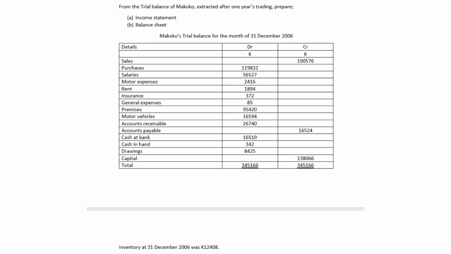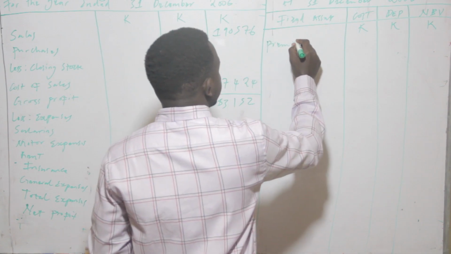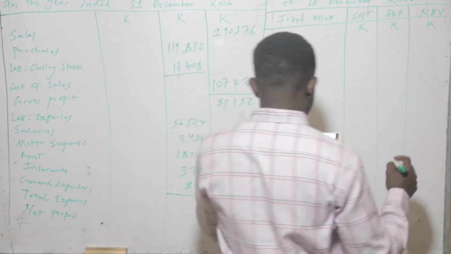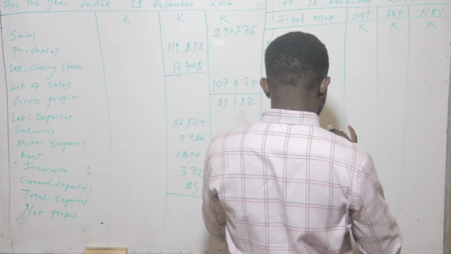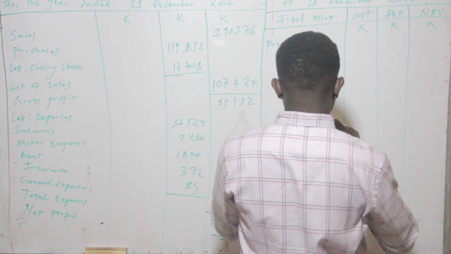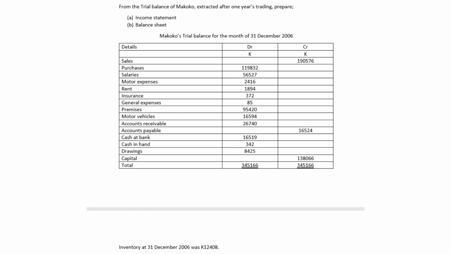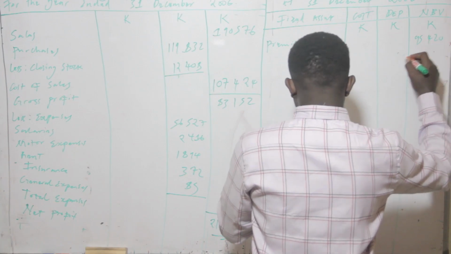So to identify our fixed assets in the question, let us identify the fixed assets. So what are we having? The fixed assets that we are having are premises and motor vehicles. So we're going to say premises. And since we don't have any depreciation, this amount is going to be recorded in the net book value column. So that's 95,420.